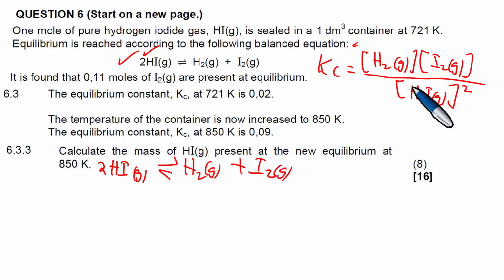Obviously we know that this was the number of moles present in the beginning. So you had 1 mole here in the beginning when these others were not at all present. So this was initially the case.